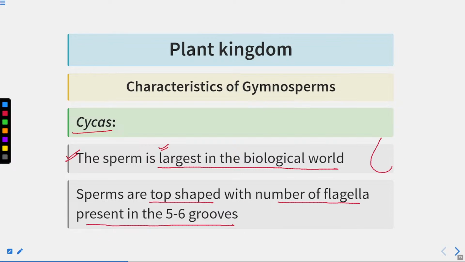So there is the top shaped sperm, and they have 5 to 6 grooves like this, and in each groove they have flagella, which helps in movement, right? So you have to remember this. This point is very important.